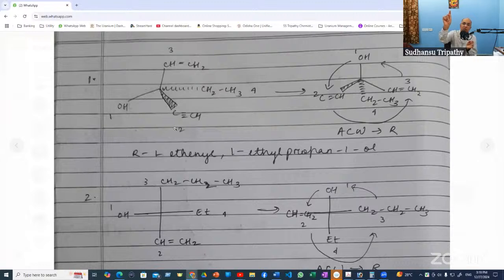Normal rule SCW is S. Normal rule CW is R. Golden rule SCW is R. Golden rule CW is S.